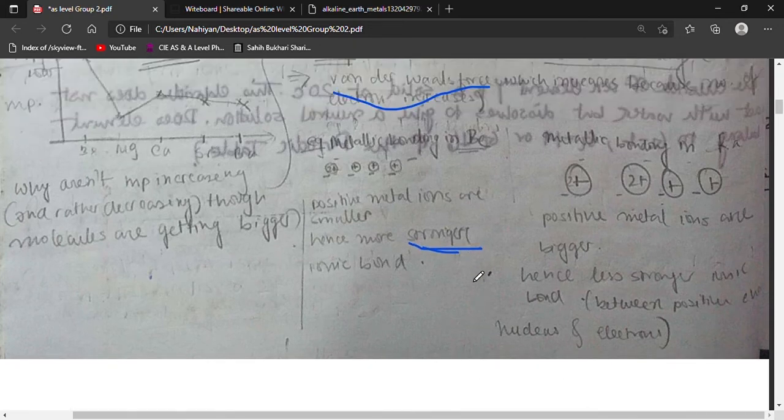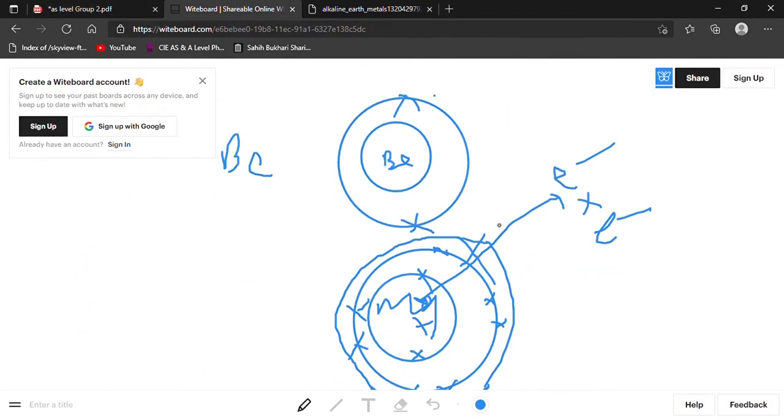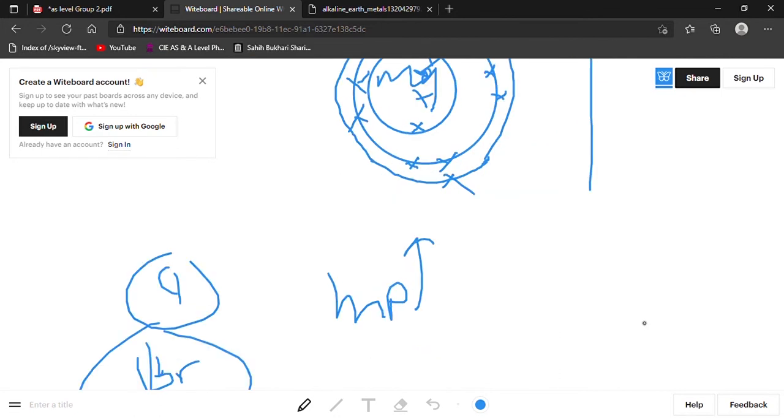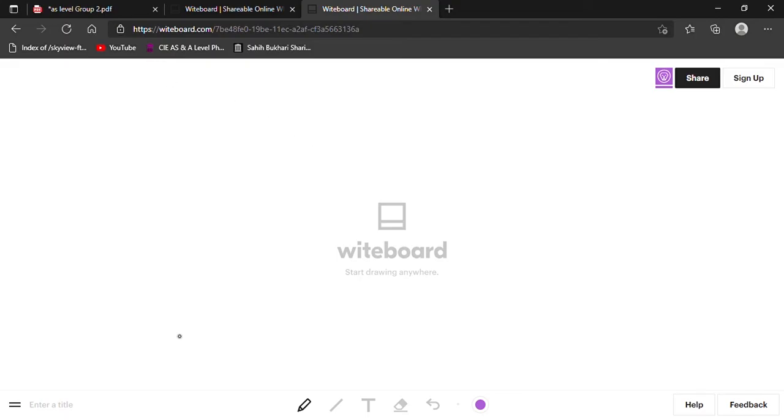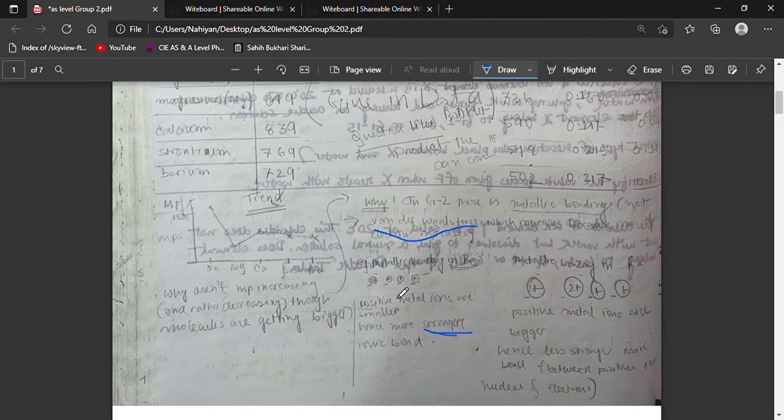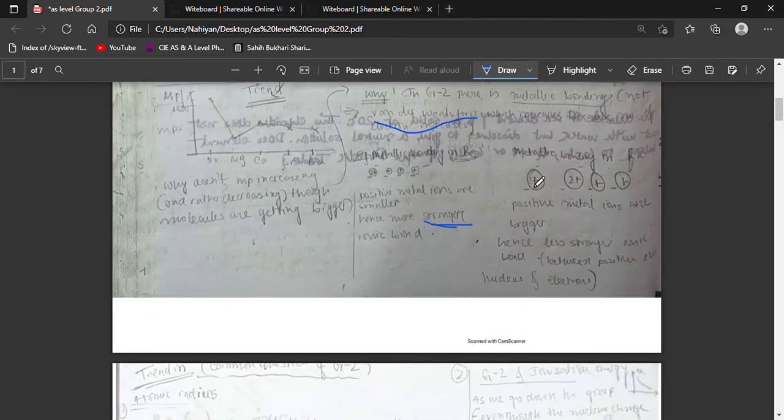But if we go down the group, let's say towards radium, the further down we go, we have more and more shells, and the positive metal ions get bigger down the group, and so the metallic bonding is weaker.